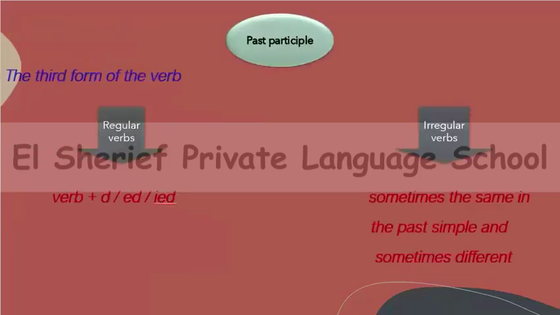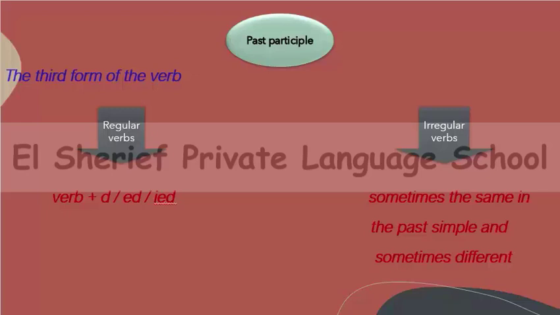We said that the present perfect consists of has or have as a helping verb and the past participle. So what is the past participle? Past participle is the third form of the verb. In the past simple, we said that we use the second form of the verb.